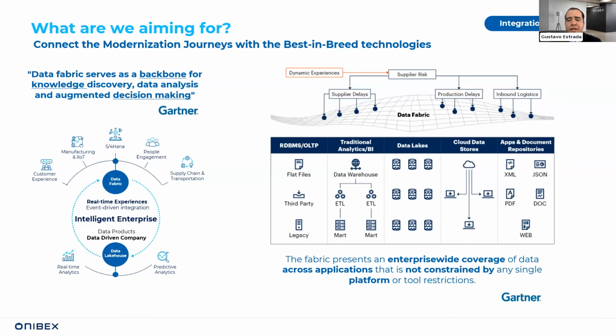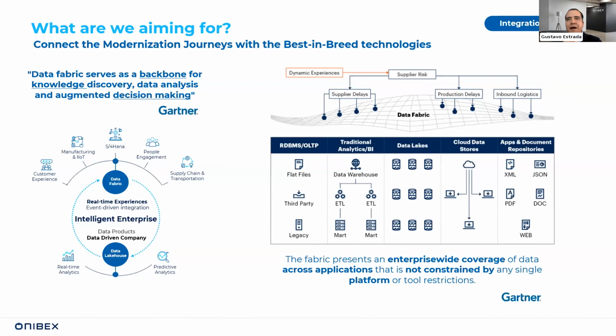We need to make sure that that data fabric is not going to be locked in a single platform, but is going to have access to all data, not just from applications, but also from the sensors or PLCs or IoT.